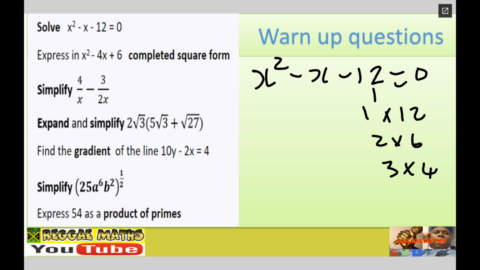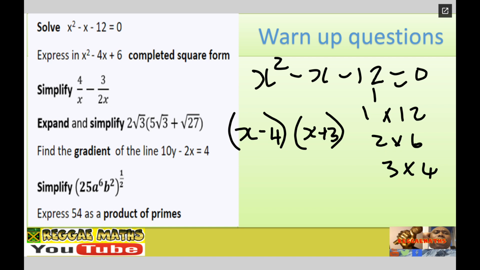By looking at this, the only pair that can give me minus 12 and also minus 1, if I do my pair of brackets, it's going to be x, x, and then inside it's going to be minus 4 and plus 3. If I multiply that out, you can see that will give me a minus x.